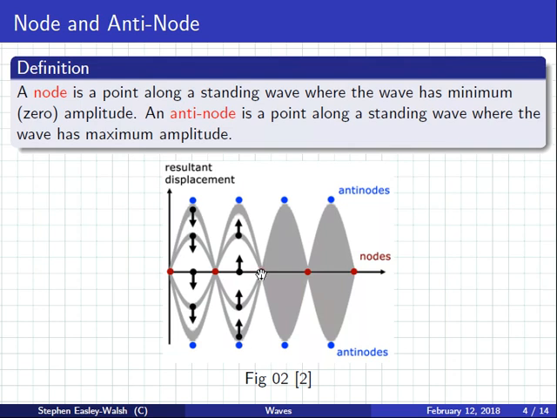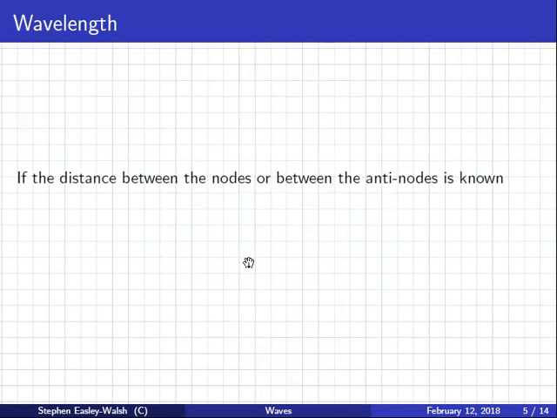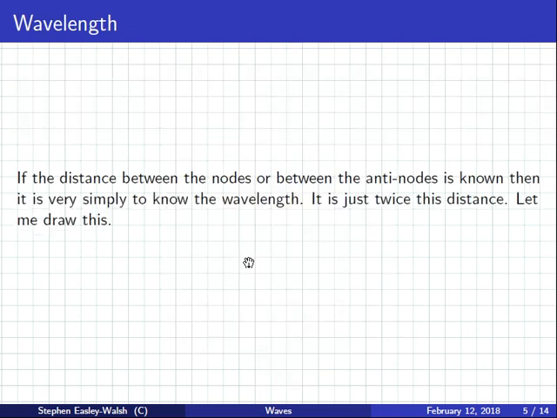So if you know this distance, twice that will be a wavelength. Okay, so make a note of that, please. I think the reason students think it's the wavelength is because they're thinking of the other thing, the distance between the crest to the crest or the trough to the trough, so they're just mixing up that idea.